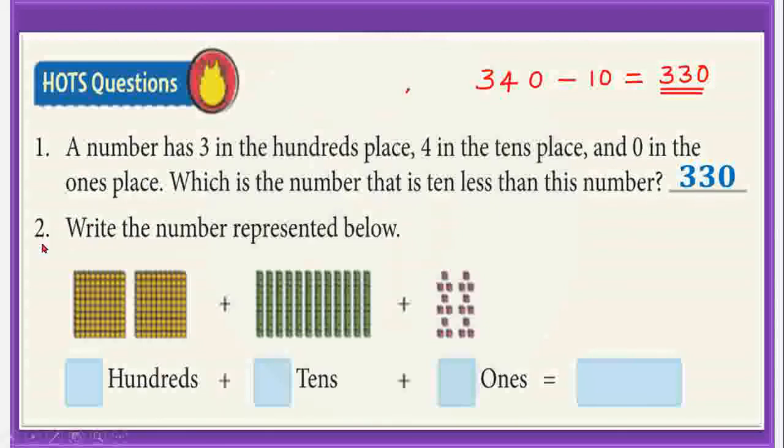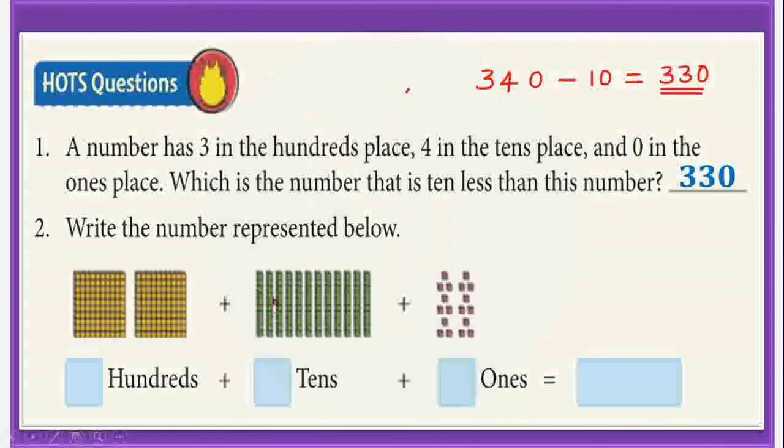Question number 2. Write the number represented below. See here. So how many hundreds are there? Each of these panels of beads represents 100. So therefore we have two such panels. So this represents 2 hundreds. It has 2 hundreds.